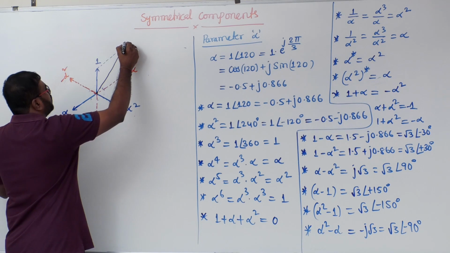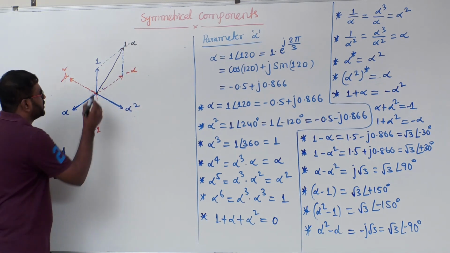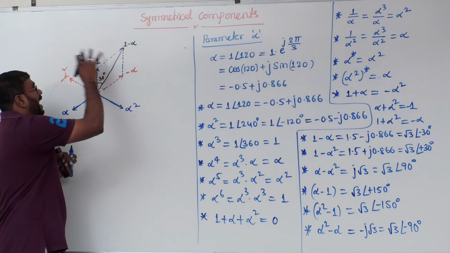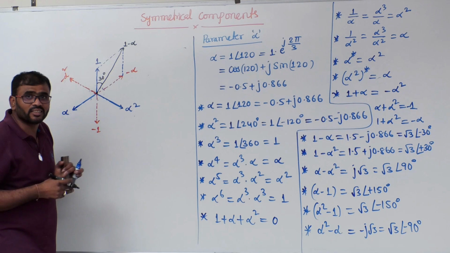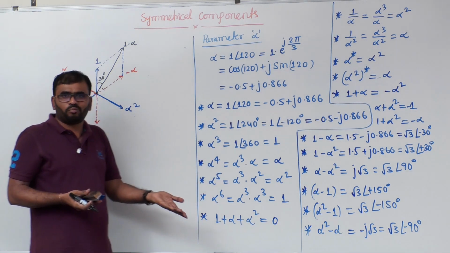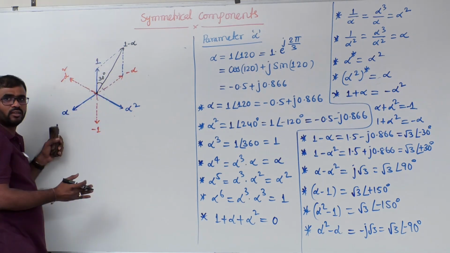This is 1 minus alpha. Clear? Check what is this angle? 30 degrees. That means 1 minus alpha lags 1 by how many degrees? 30 degrees. That is why minus 30. Lagging means what? Minus angle. Correct or not? So that's why 1 minus alpha lags 1 by 30 degrees.